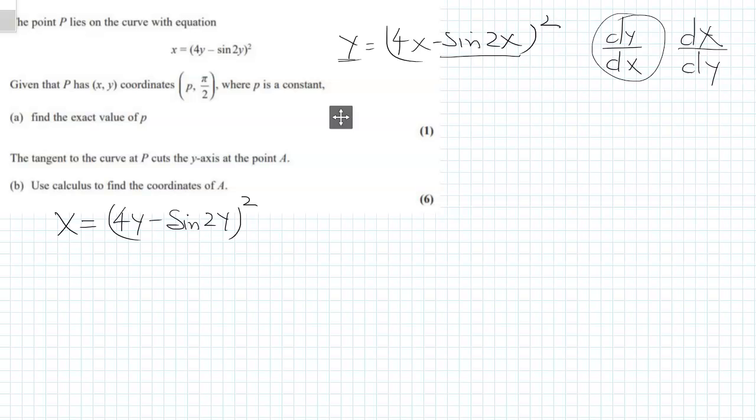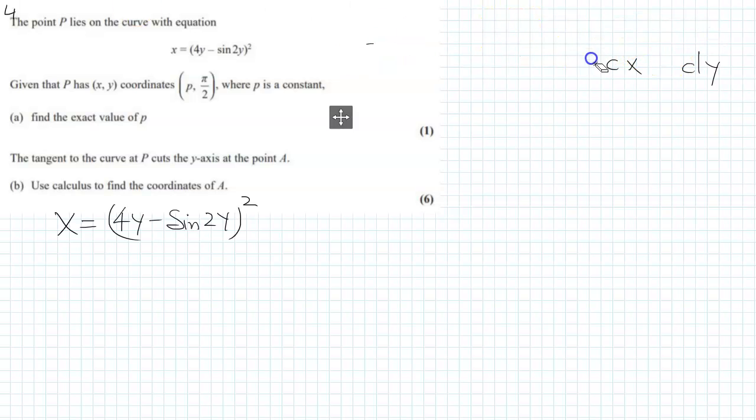So let's see what the question says. Point P has xy coordinates.